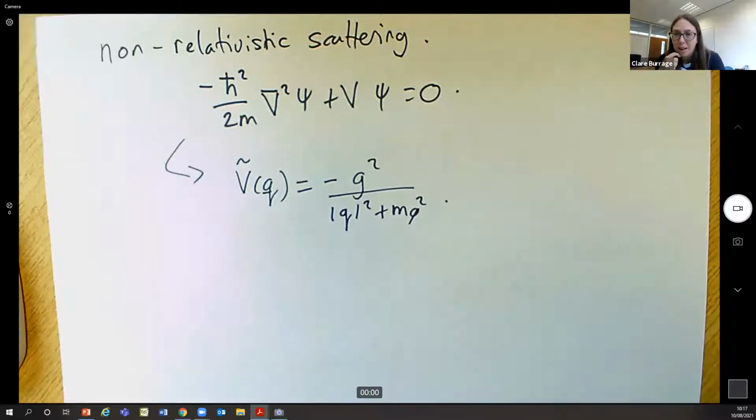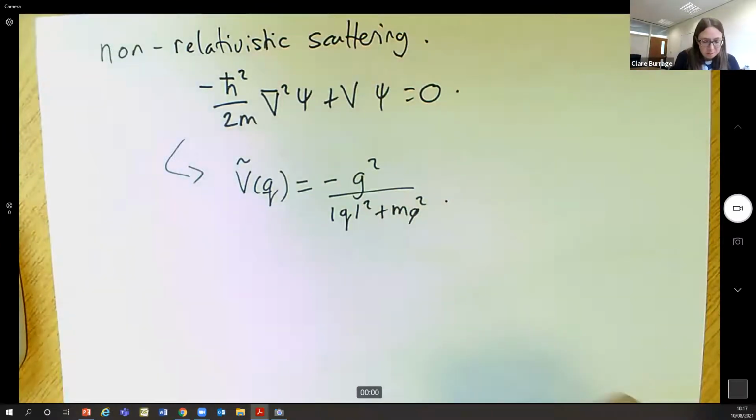So the only problem we have at this point is that because we've done this from a Feynman diagram calculation, we've got a Fourier transform of that potential, but that's okay. We can undo Fourier transforms.